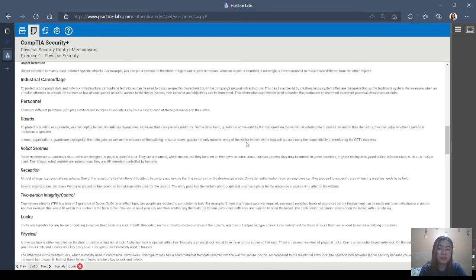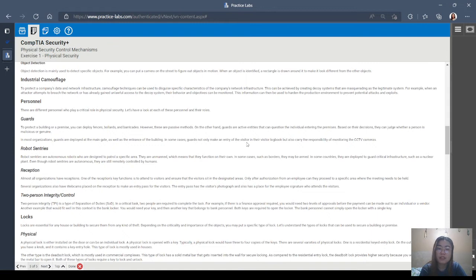Personnel. There are different personnel who play a critical role in physical security. Let's have a look at each of these personnel and their roles. Guards protect a building or premises. For a premises, you can deploy fences, bollards, and barricades. However, these are passive methods. On the other hand, guards are active entities that can question the individual entering the premises.